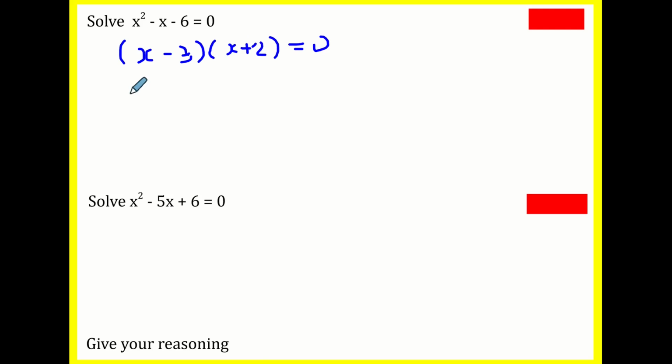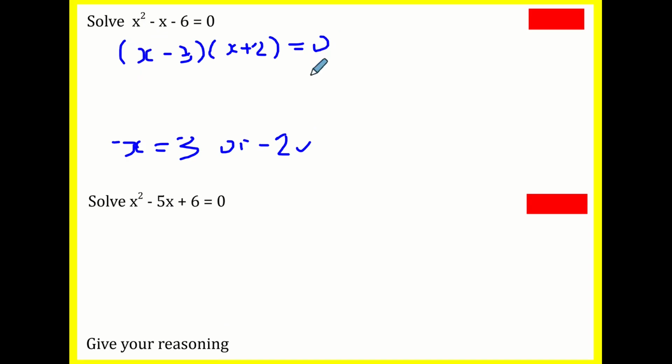Sometimes I see people then just write down the solution straight away. X equals 3 or minus 2, which is correct, but give reasoning. Where did that come from? It comes from the fact that I am multiplying two things together to get 0. So the only way I can do that is if one of the things itself is 0.